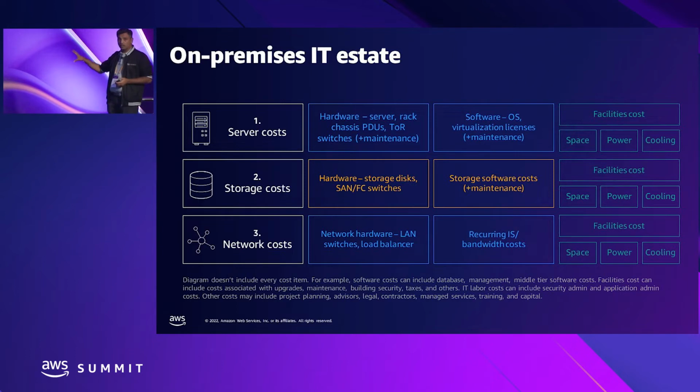All these costs are part of the on-premise IT estate, along with the hardware, servers, racks, storage disks, network switches. So essentially, when it comes to the on-premise IT estate, a customer is incurring cost on all these items that you are seeing on the screen.